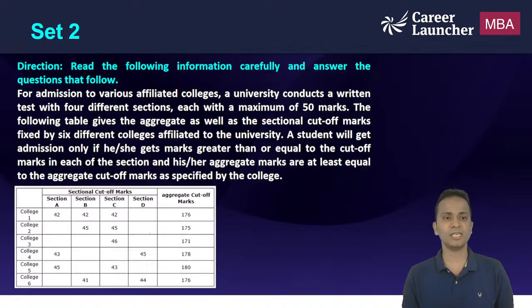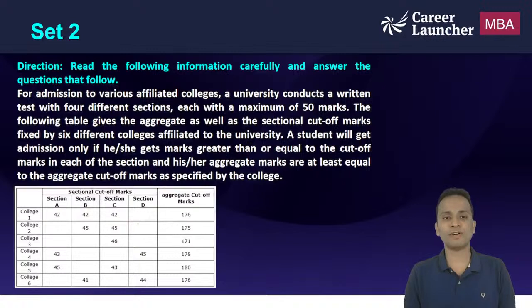Right? So let's look at the data of one of the colleges. College 1 has a sectional cutoff of 42 marks in section A, 42 in section B, 42 in section C, section D is missing, and the overall cutoff is 176.